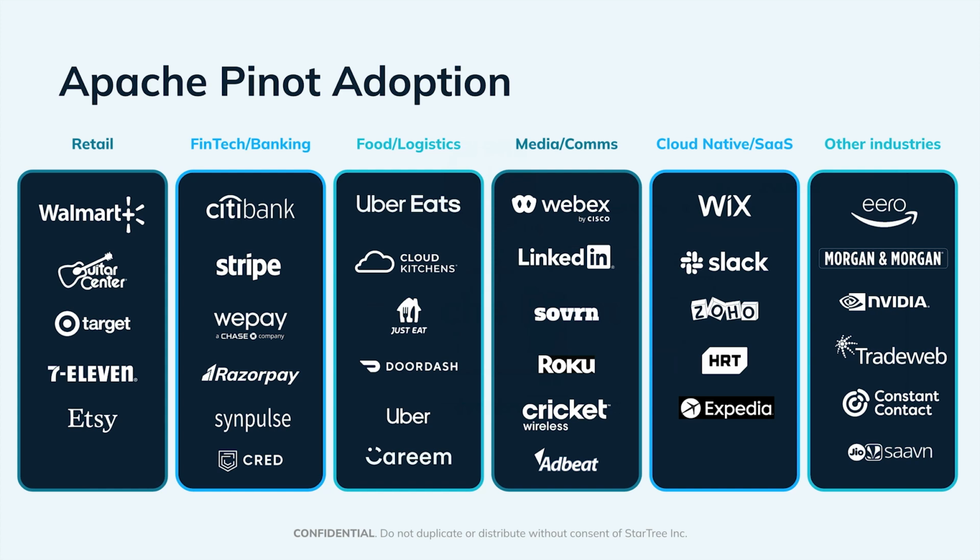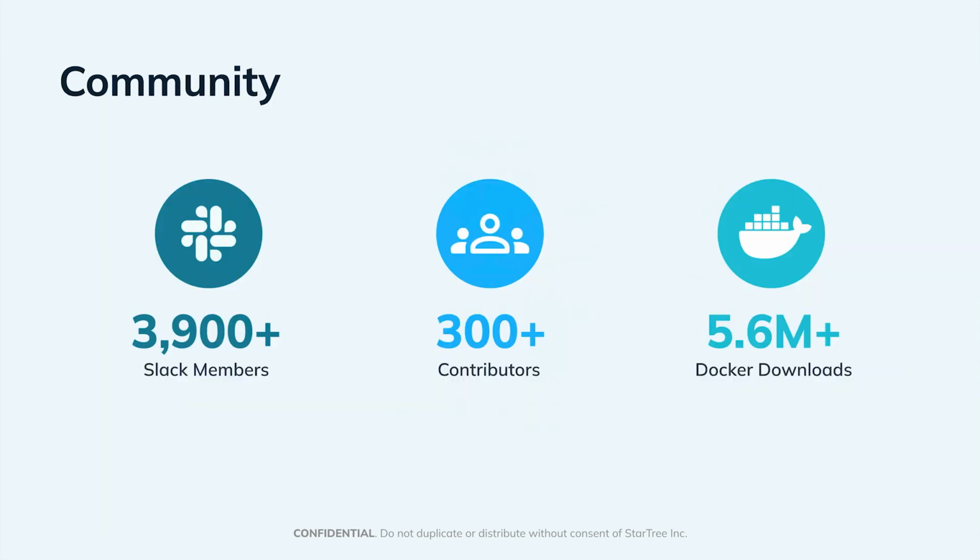Food and logistics is actually where I think Pinot is a segment winner. Every major company in this segment across the globe has adopted Pinot, which is monumental. So it's quite popular across all these segments. It's also a quite vibrant community, 3,900 plus Slack members and counting, and lots of Docker downloads, which is great.